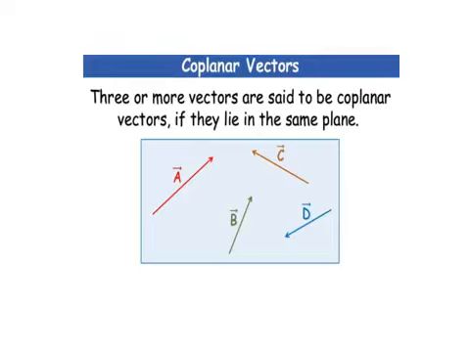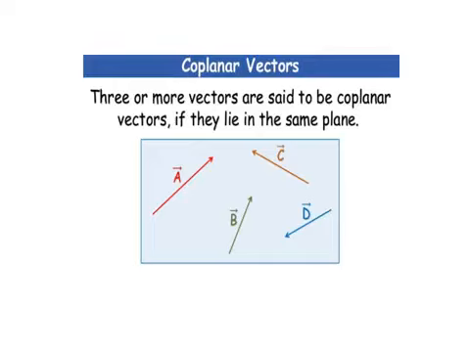If any four vectors A, B, C, D lie in the YZ plane, not in different planes, but in the same plane, then those four vectors are said to be coplanar vectors.